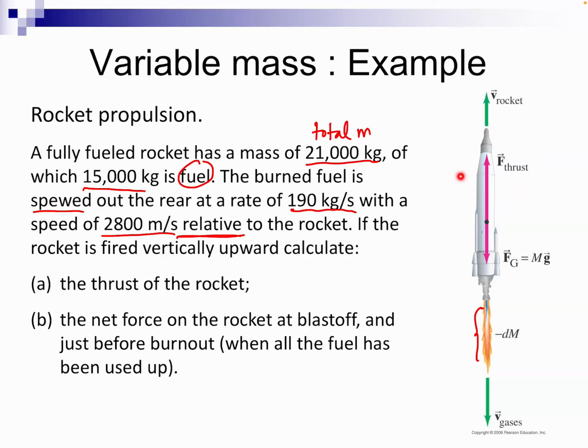We want to calculate how much this thrust force is. As the rocket blasts off in the beginning, where it's fully fueled, we want to find the net force on the rocket. And then after some time, just before burnout, when all the fuel has been used up, we want to find the net force as well.